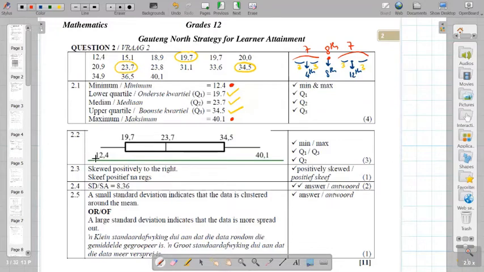So you can mark 10, 20, and 30. Actually, this doesn't look scaled, by the way. I don't like this scaling. This scaling is not good in this diagram.